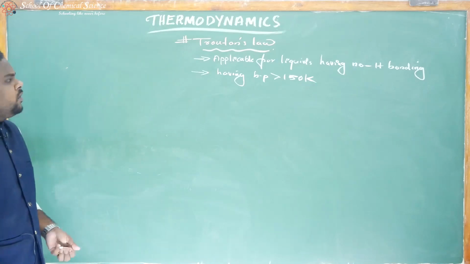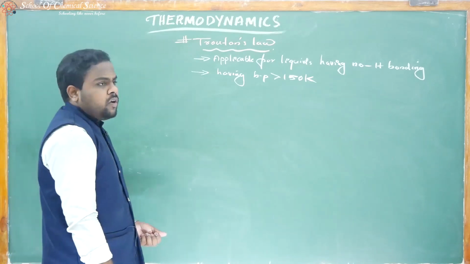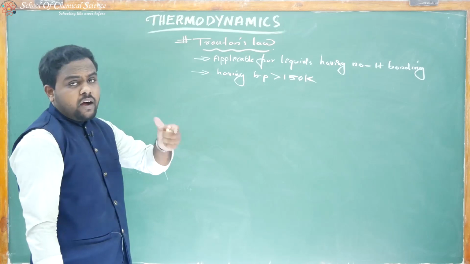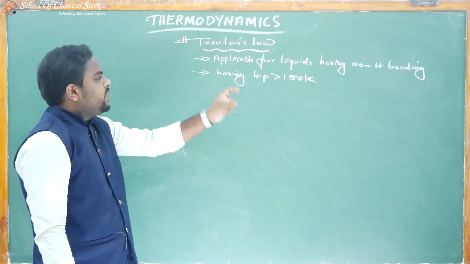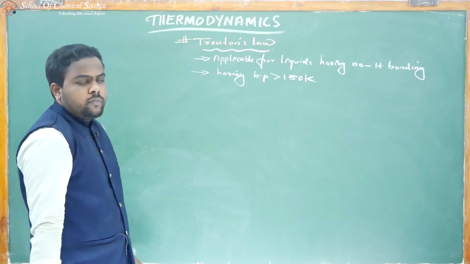So Trouton's law is applicable for those liquids having no hydrogen bonding. Hence it is not applicable for water. In water hydrogen bonding is present. And also having boiling point greater than 150 Kelvin.